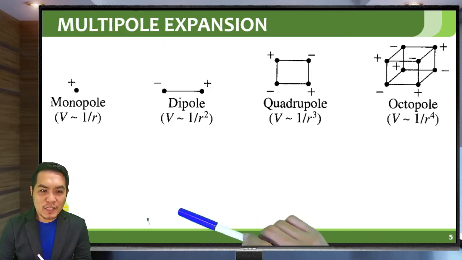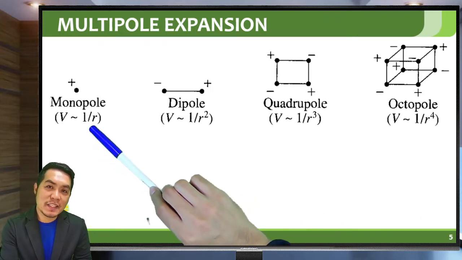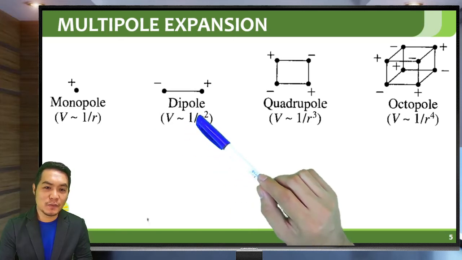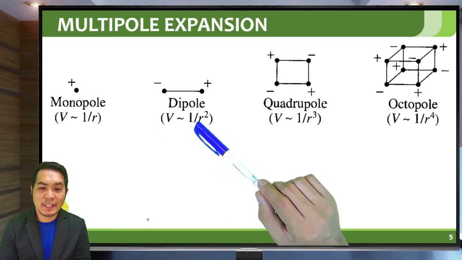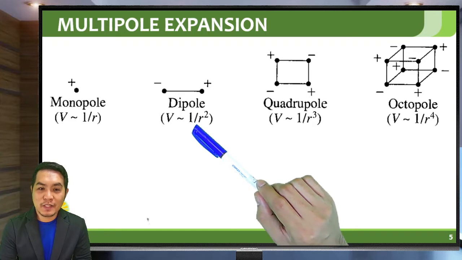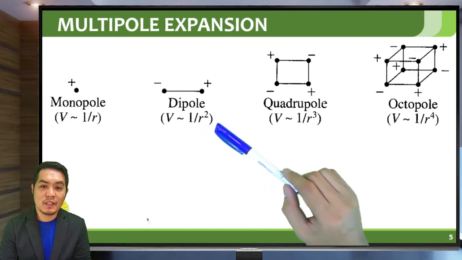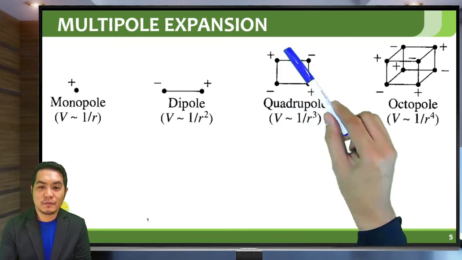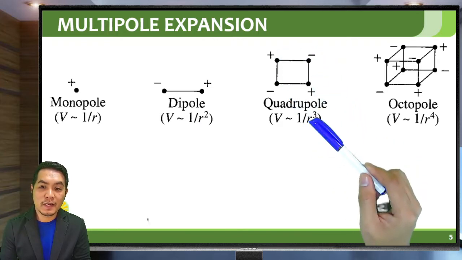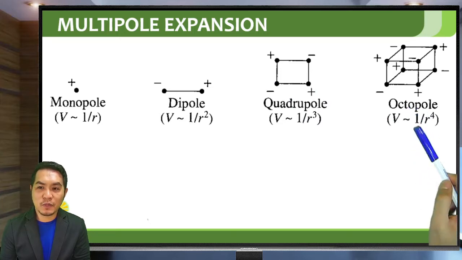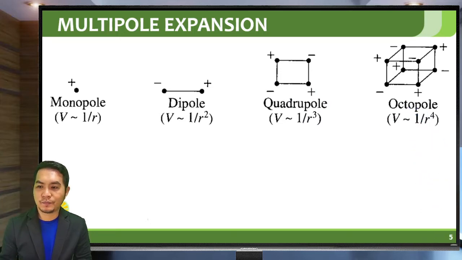A monopole is just a single charge. Its potential depends on 1 over r. A dipole is a pair of positive and negative charges, and its potential will depend on 1 over r squared. For a quadrupole, the dependence will be on 1 over r cubed. For an octupole, it's 1 over r to the 4th, and so on.